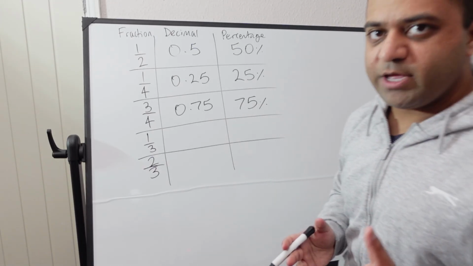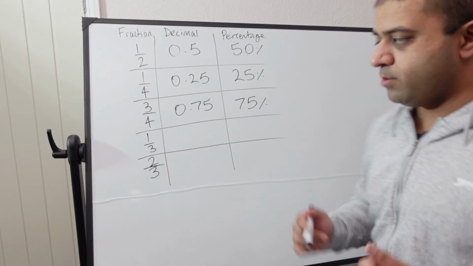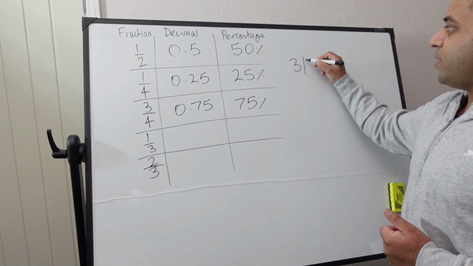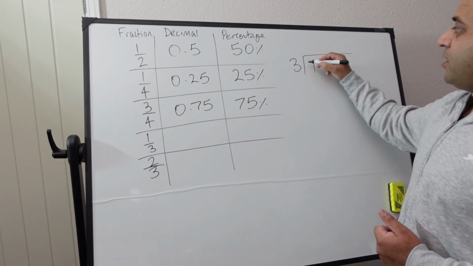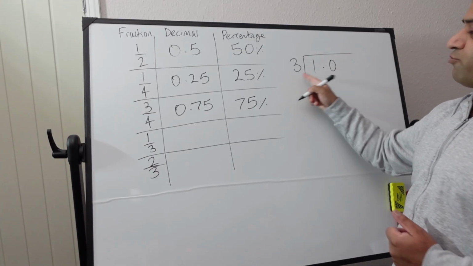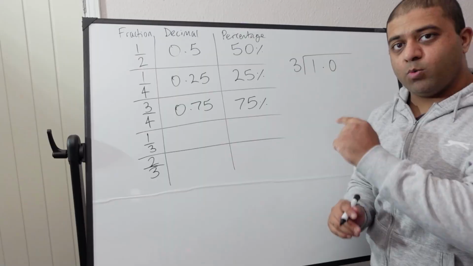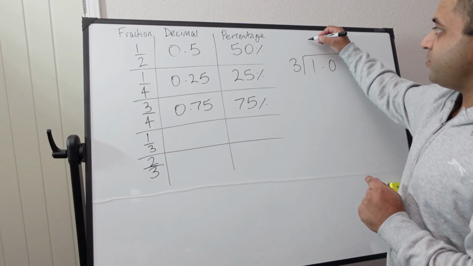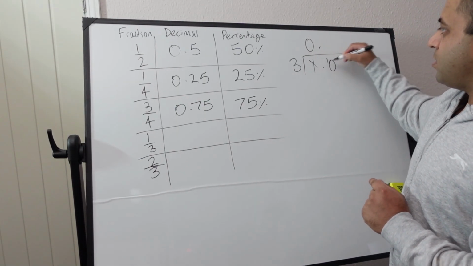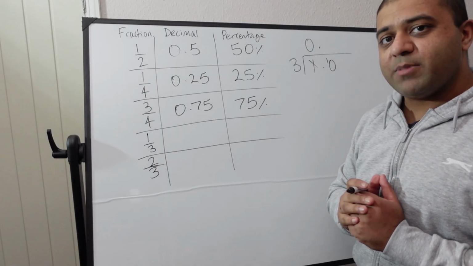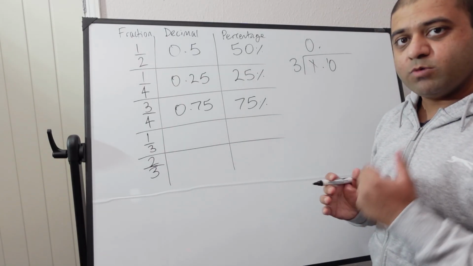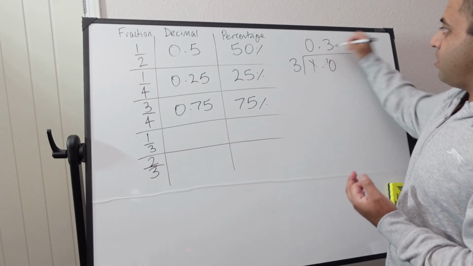How many 3's go into 1? So we can do our method over here. So 3's into 1 go 0 times, and the remainder of 1 will carry over to the 0. And now we say how many 3's go into the 10, which is 3, remainder 1.